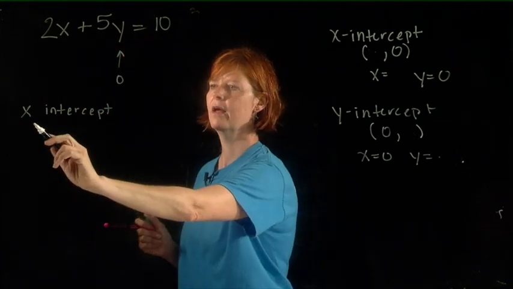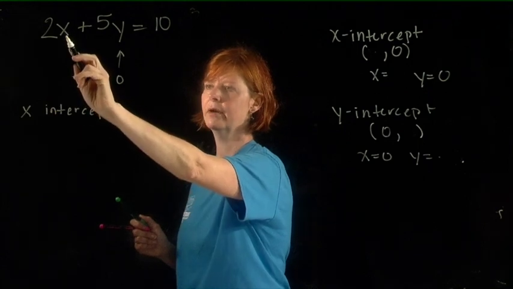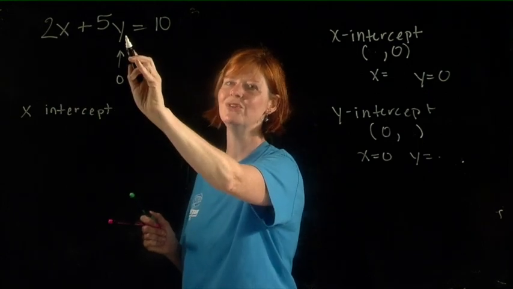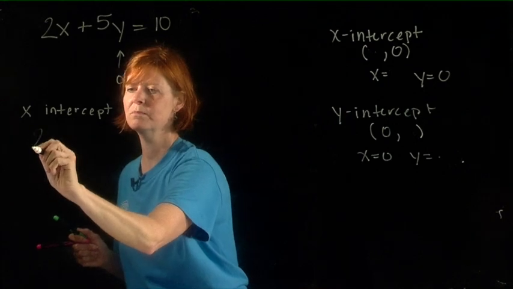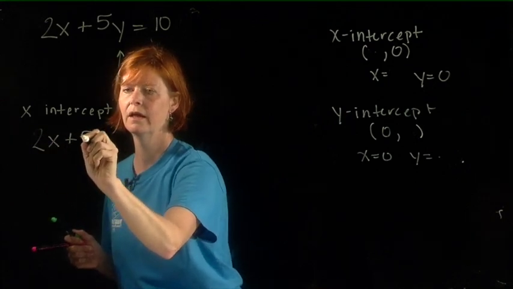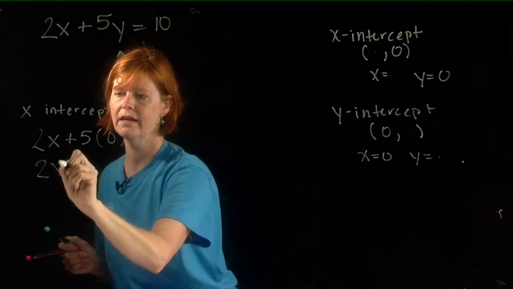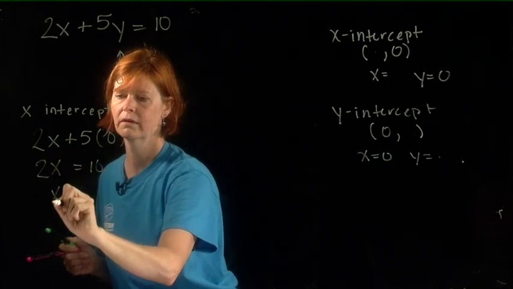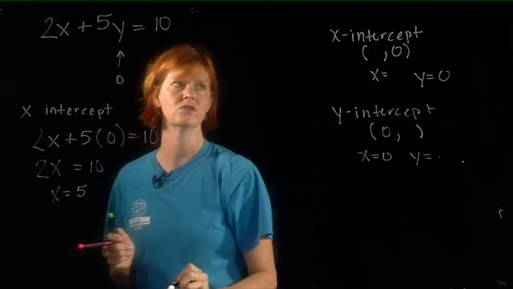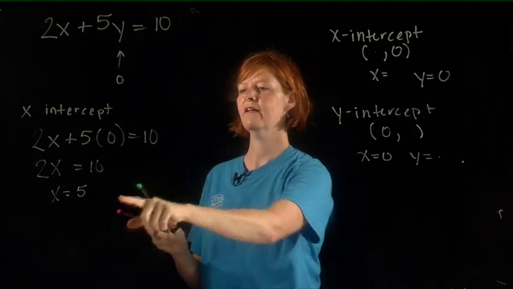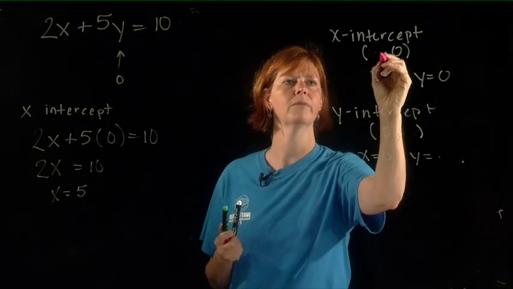I don't know the x number, but for the x-intercept, I do know the y number. So let's plug in the 0 and calculate the x. I take that number, that's 5, and I'm going to put it right here.